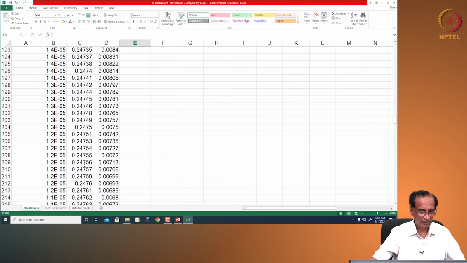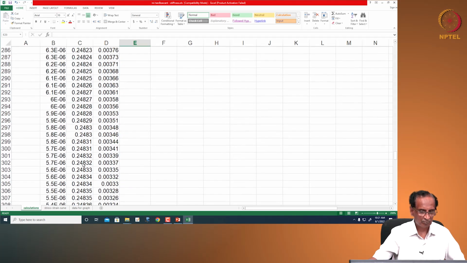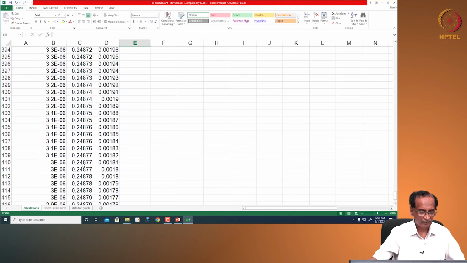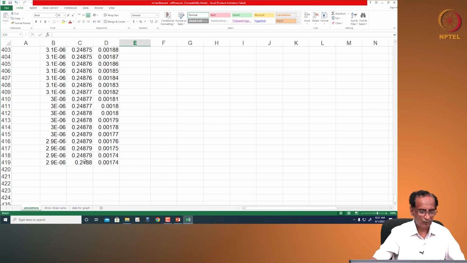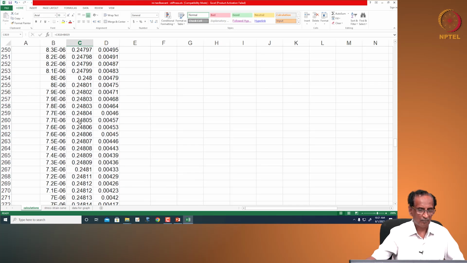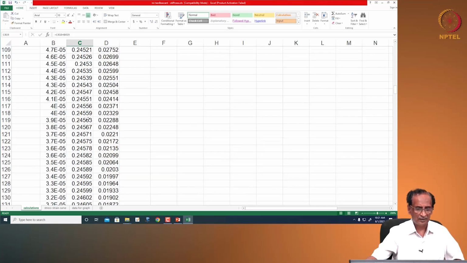We are reaching that after almost maybe more than 200, oops, it's actually even after 400 cycles our total strain is 0.2488. Okay. So depending on the problem that we have, your number of iterations might change.